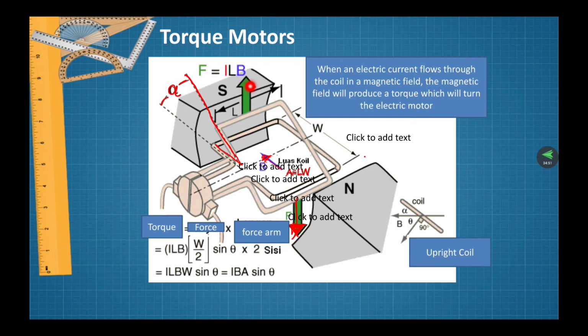And we can write this as B I L W sin theta, which equals B dot I dot A sin theta.